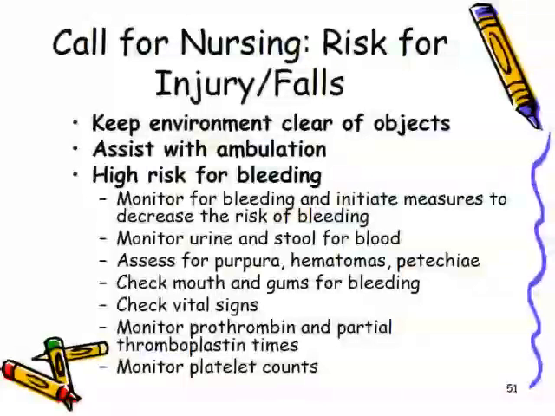So check urine and stool for blood, look at the mouth and gums for blood, check for any bleeding in the skin. So look for purpura, hematomas, petechiae, watch for shocky symptoms, so keep a close eye on vital signs, monitor their prothrombin and PTT values, and monitor platelets.